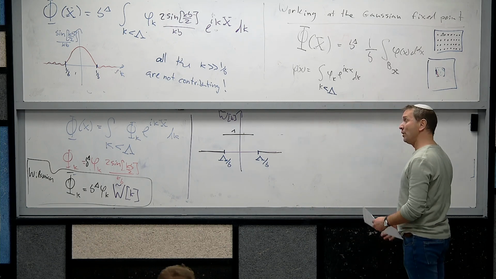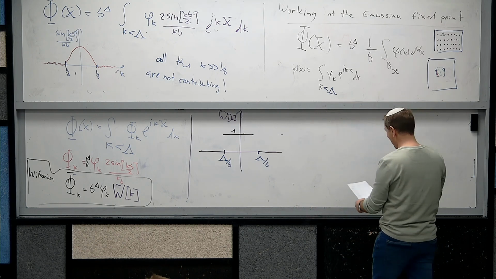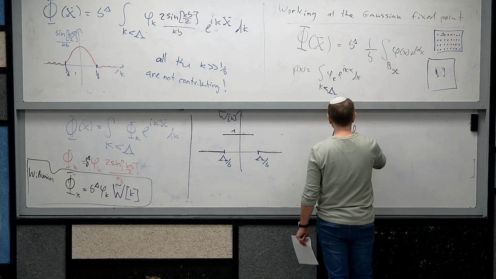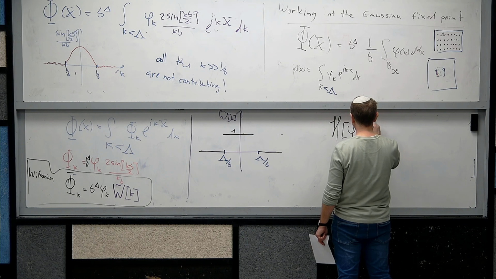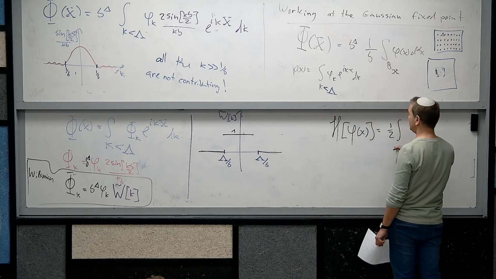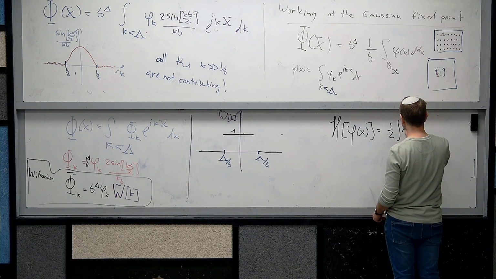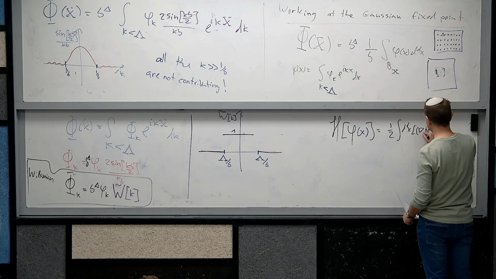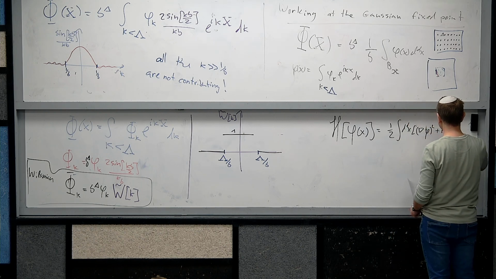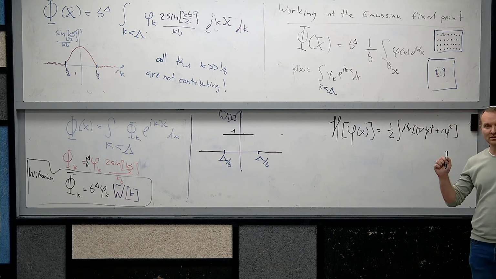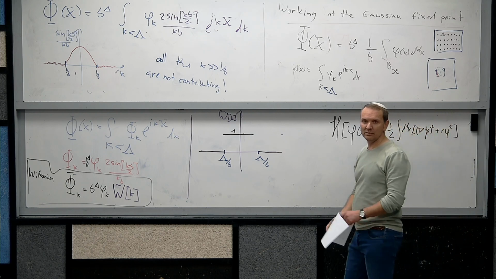Okay, so remember, what is our Hamiltonian? The Hamiltonian of phi of x is 1/2 an integral of d^dx of the gradient of phi squared plus r phi squared. That's it. This is the simplest phi to the 2 Hamiltonian.